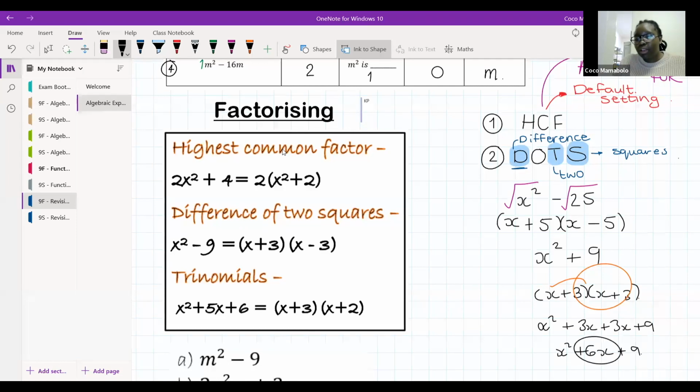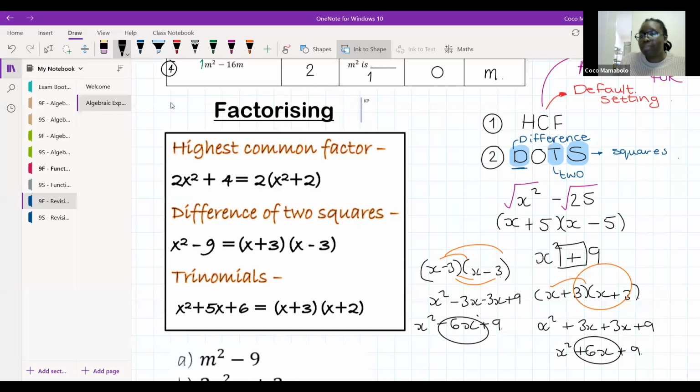I now have a middle term that I didn't have before. If I use x minus 3 and x minus 3, I have the same problem. If I FOIL, I end up with x squared minus 3x minus 3x plus 9, which gives x squared minus 6x plus 9. Again a middle term that I didn't have before.